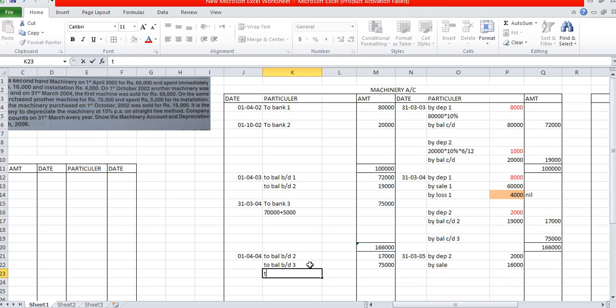So right here, to profit. How much? 1,000. How will we get profit? 17,000 minus 2,000, then minus 16,000.